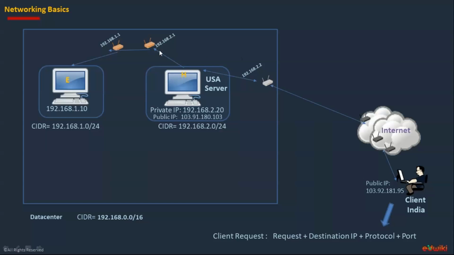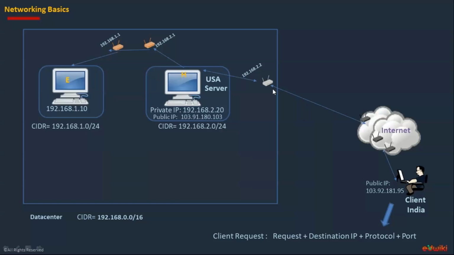There are two gateway devices connected to the single server. So from the diagram, we can easily understand that if the H machine wants to connect with the E machine, the request will go via the 2.1 gateway. If the H machine wants to connect with a client who is outside of the data center, the request should go via the 2.2 gateway.